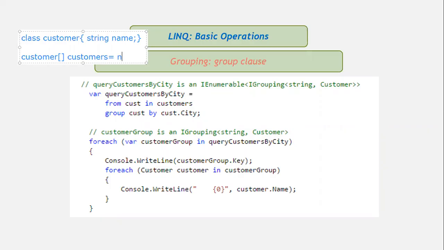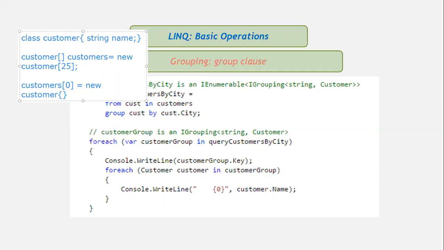So it is possible equals to new customer, two objects or 25 objects, and then we might have customers 0 equals to new customer, and that could be the name John.